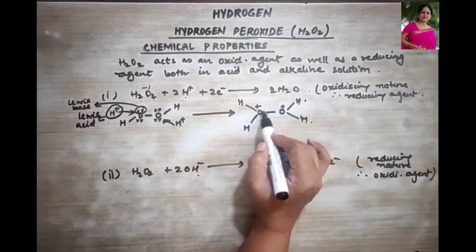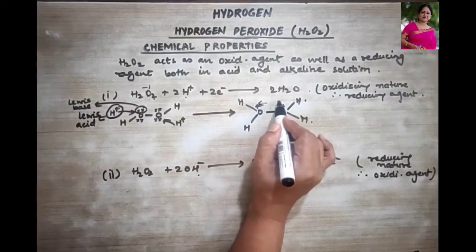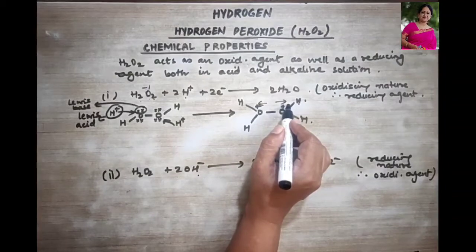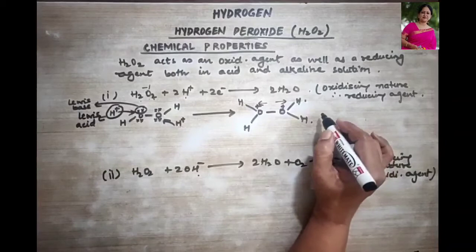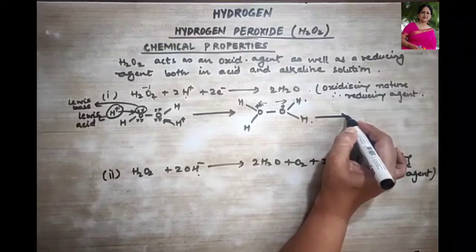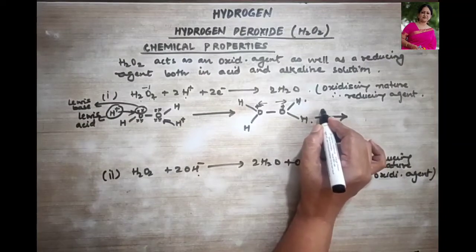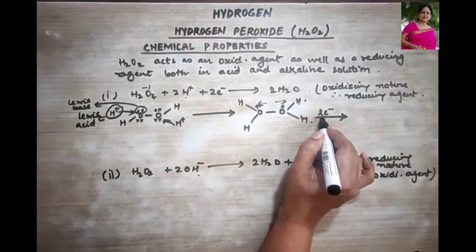Now when these two oxygens have attained similar charges, there is a tremendous repulsion between the two. So when there is repulsion, what will happen? They will take 2 electrons. From where will they take 2 electrons?